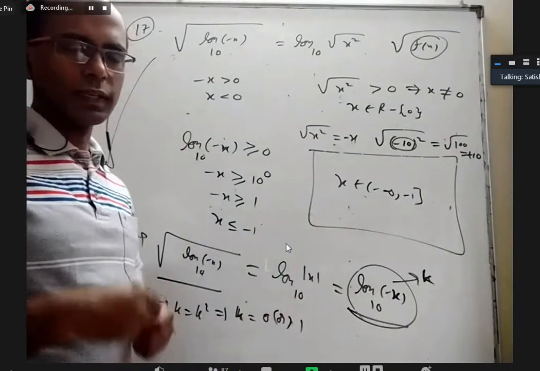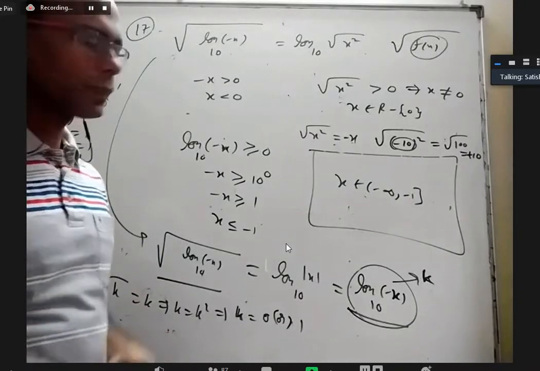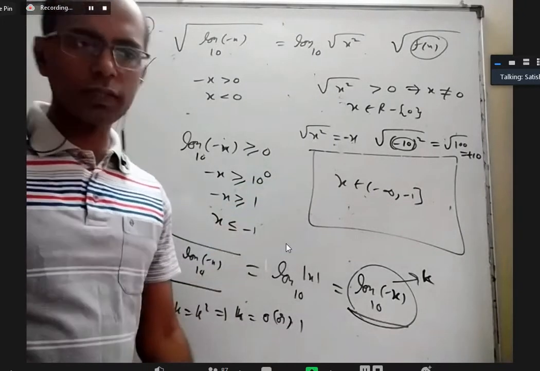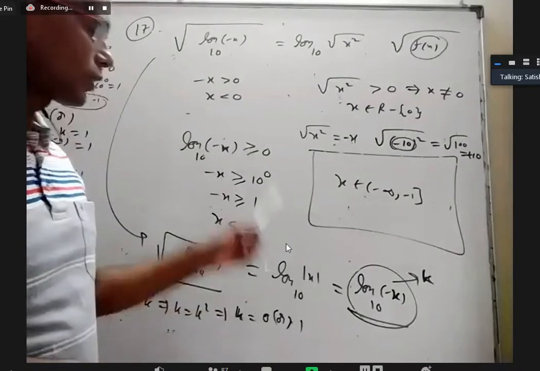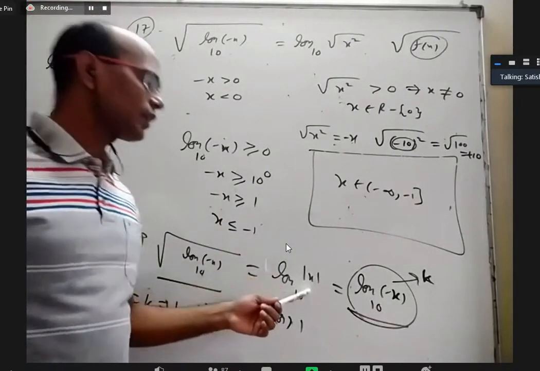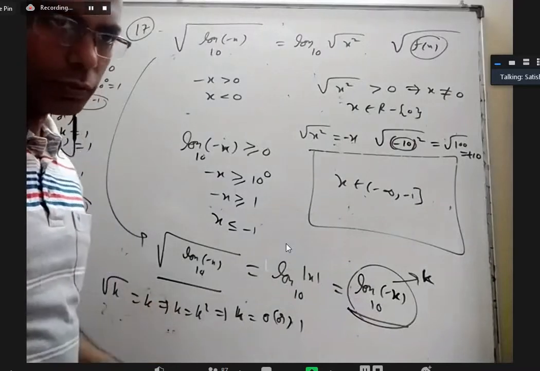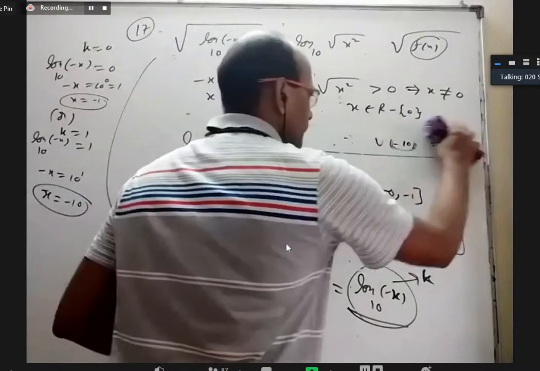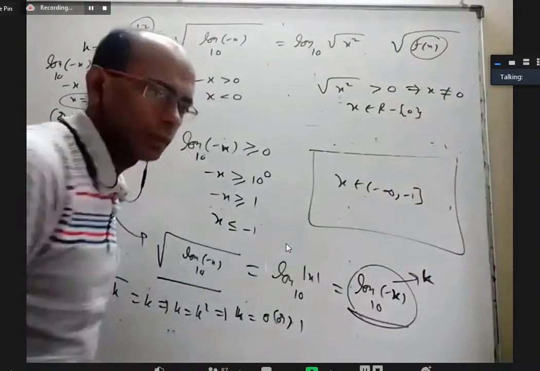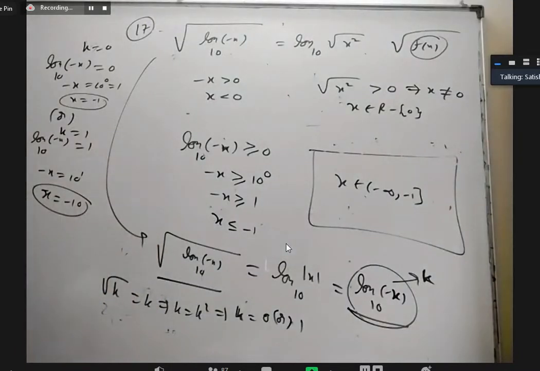So when x is positive, root x square is plus x, and when x is negative, root x square is minus x. Together we call root x square as mod x. And the mod x definition is: when x is positive, plus x; when x is negative, minus x. Is it okay? Yes, sir. Basically, it's a convention that we decided that the square root of something can't be negative. We just decided on that.